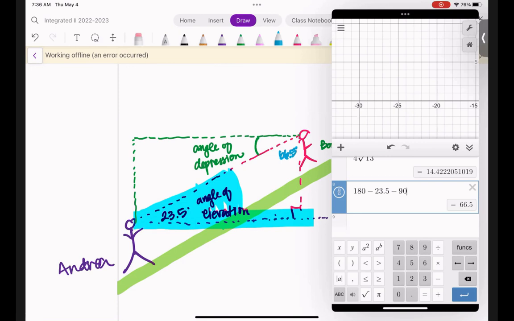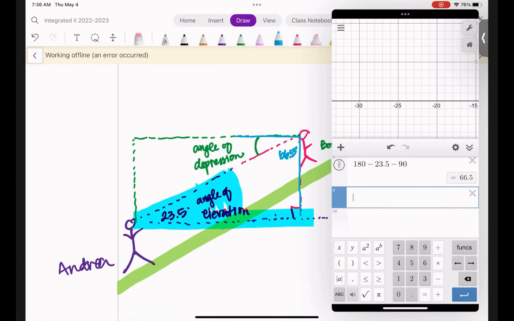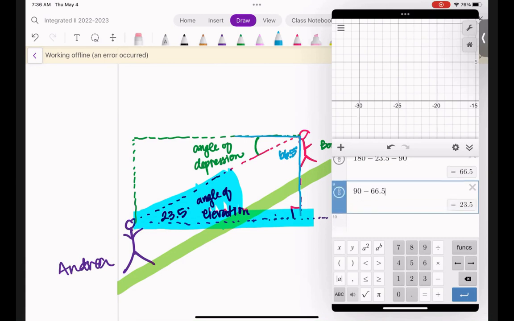And so you should also know that these two lines, your vertical coming down this way and your horizontal coming this way, make a right angle. So that means 90 minus 66.5, which is 23.5, is this angle in here. And some of you are like, oh, that makes so much sense, Miss Johnson, that these two angles are congruent because those look like alternate interior angles.